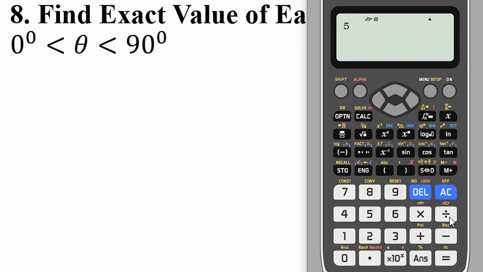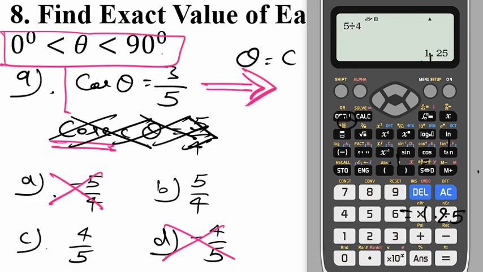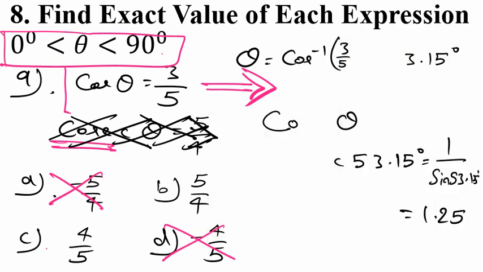So let me do 5 over 4, and that is giving me 1.25. So as you can see, that's what we got. That's how you can use the calculator, and that's how you will get your answer. I hope you understood both methods, and this is how we have to solve.